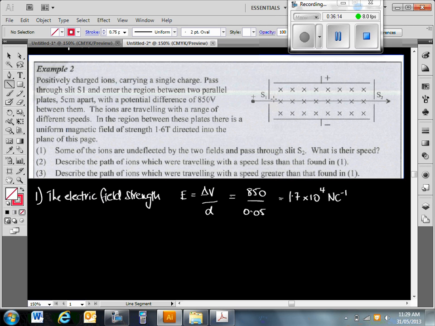And because of the electric field, it's positive, so it's going to feel a force down. Yeah, that's right. The only way that it goes through undeflected is if they are equal, i.e. no net force on the charged particle.